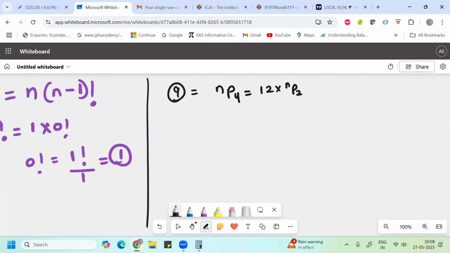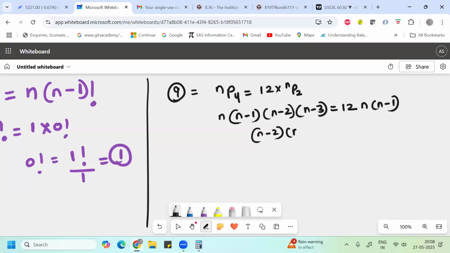So solve this. nP4 means n into (n minus 1) into (n minus 2) into (n minus 3) is equal to 12 into nP2, which means n into (n minus 1). So n into (n minus 1) gets cancelled. So you'll get (n minus 2) into (n minus 3) is equal to 12.